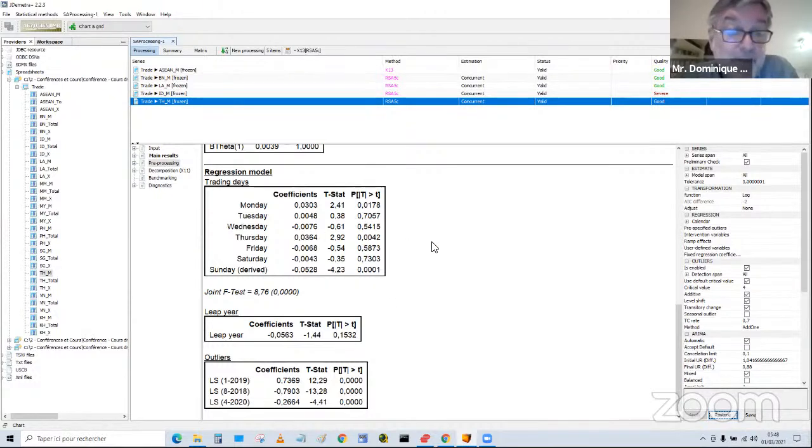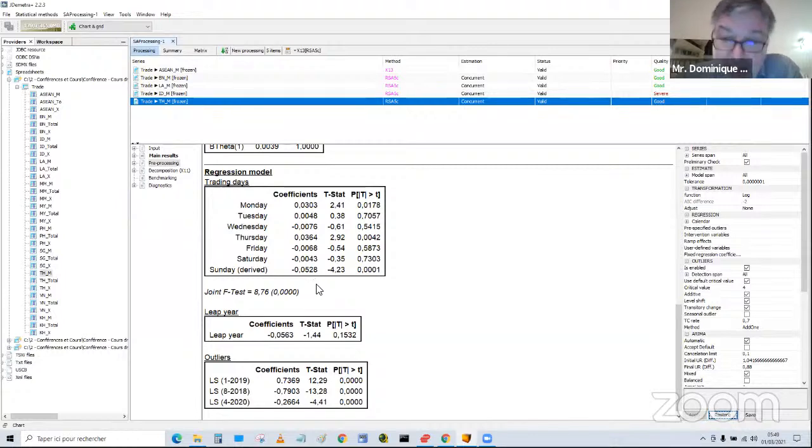Is it clear for Thailand? The problem, it's not a problem. It comes from the fact that the software detected an additive model instead of a multiplicative model. When you have a multiplicative model, you transform the data in logarithm, and so you do not have things in real value in levels.